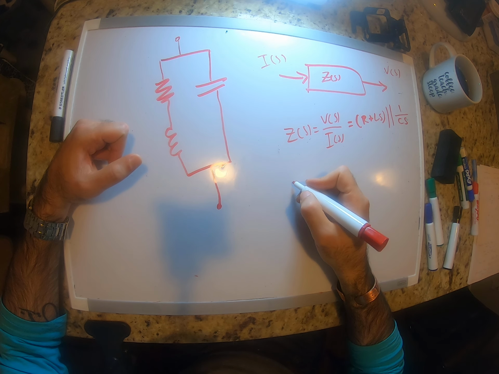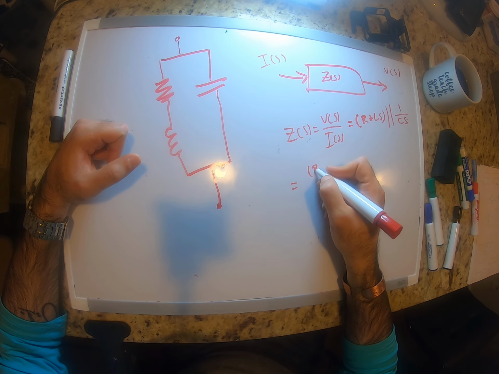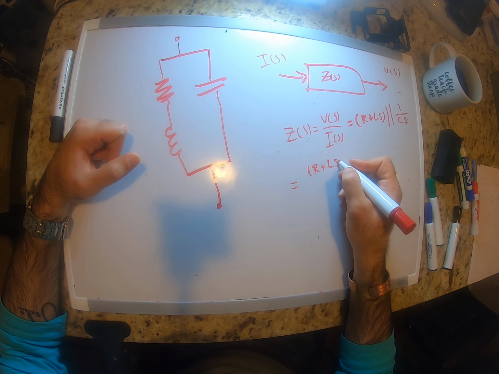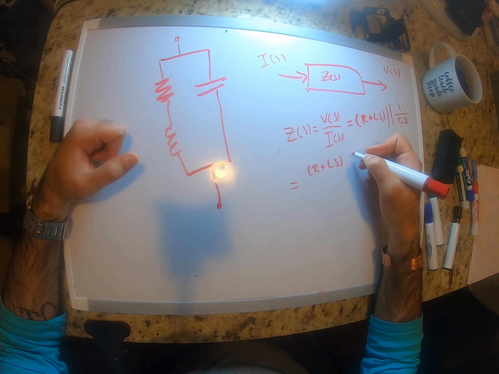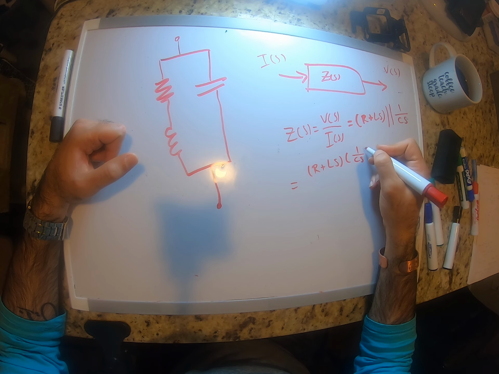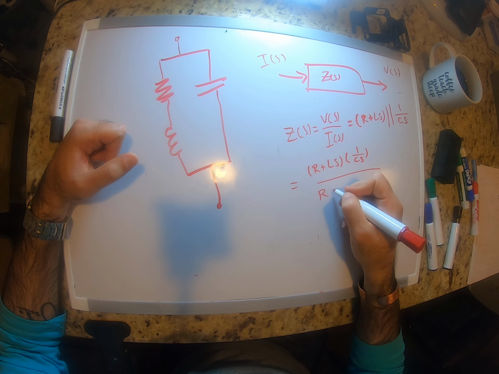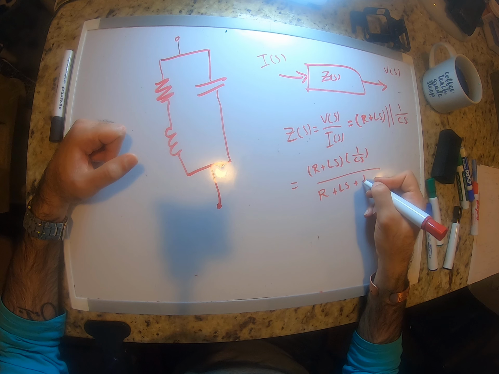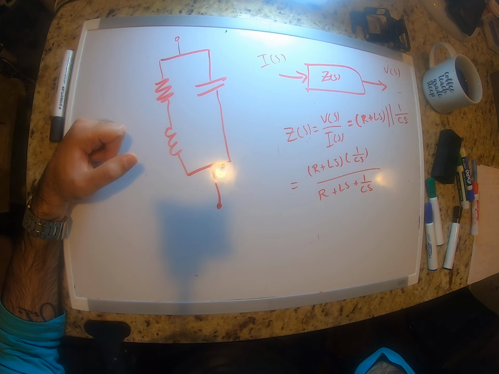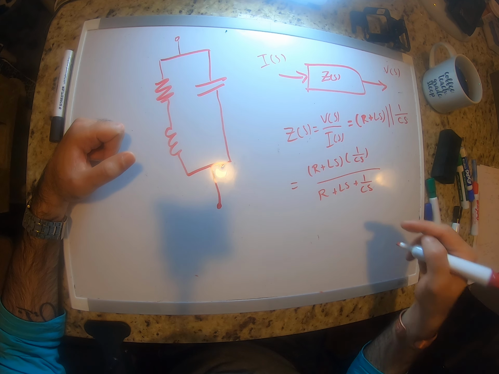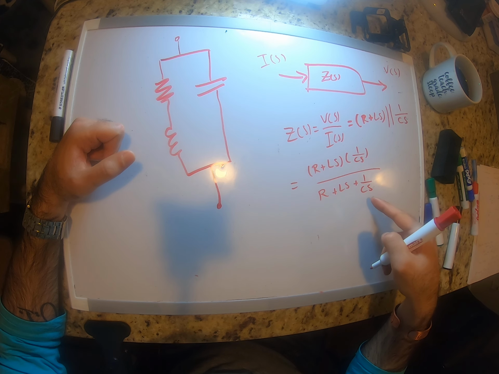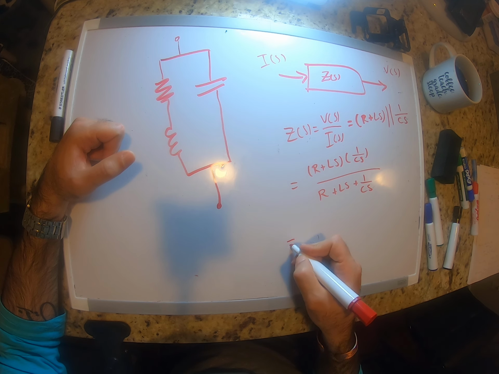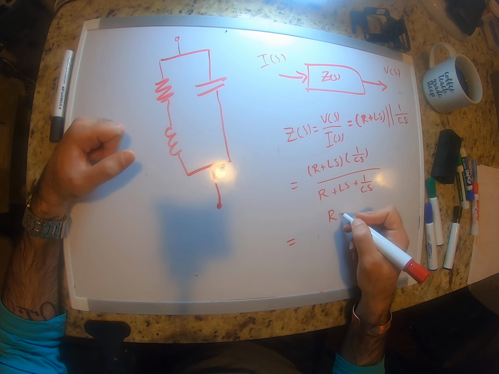Okay, so this is basically R plus LS multiplied by 1 over CS, divided by R plus LS plus 1 over CS. Okay, let's multiply the whole thing by CS. So in the numerator, we're just going to end up with R plus LS.